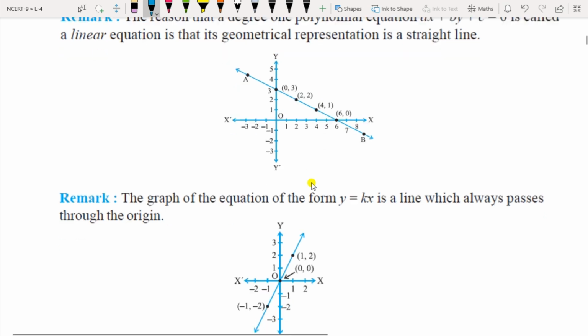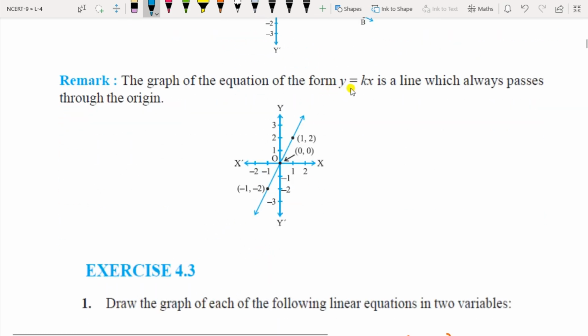And the graph of an equation of the form y equal to kx is a line which always passes through the origin. If the equation is of the form y equal to kx, where k is any constant, the graph will always pass through the origin like this.